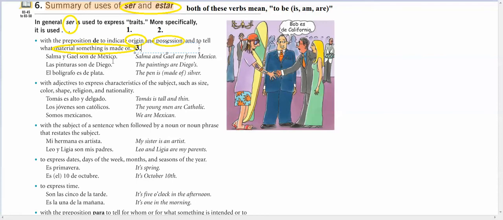And all of these take de. So oftentimes when you see the preposition de, you're going to use ser, okay, because you can see de in here, de, de, de, all right?